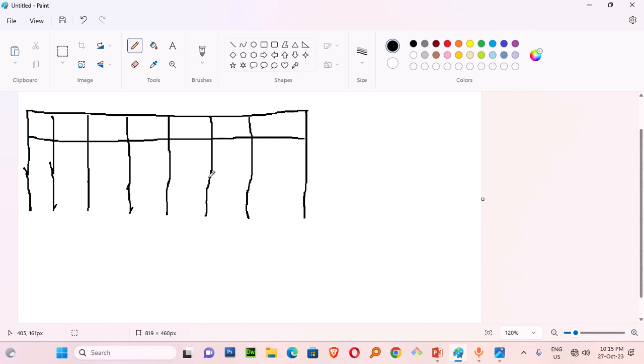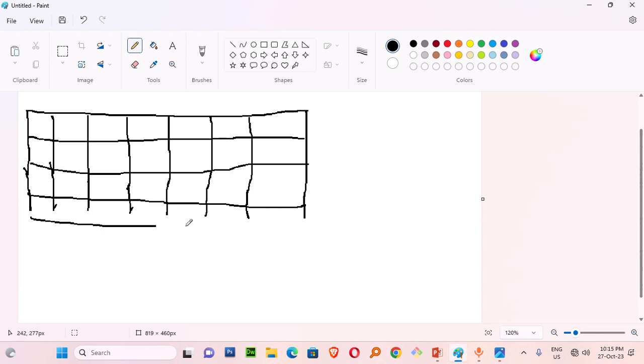Let's draw like this. Here we have P0, this one will be P1, then this one P2, and then this one P3.